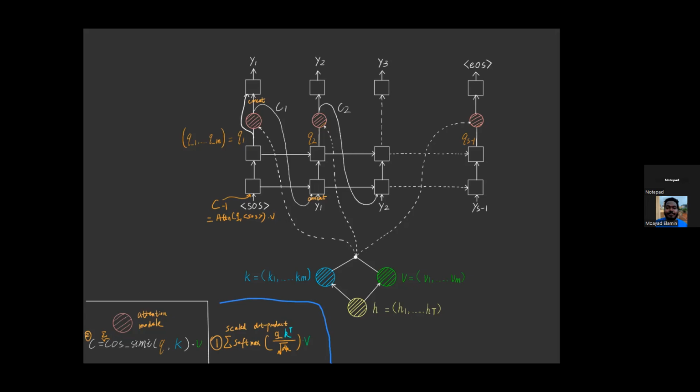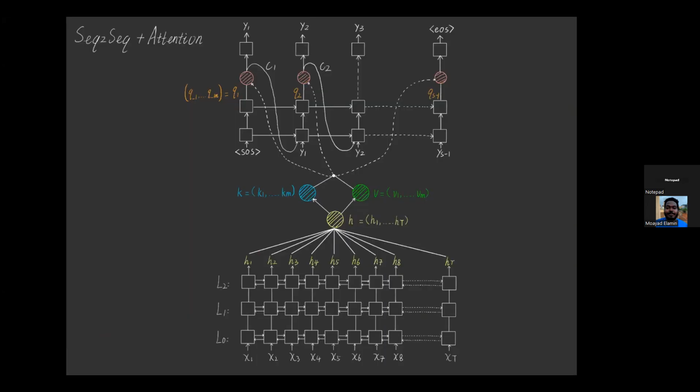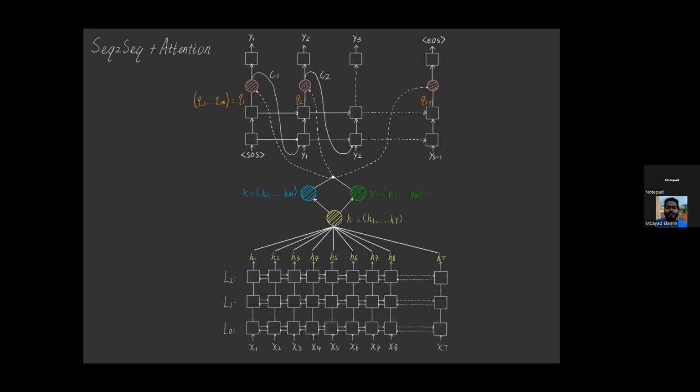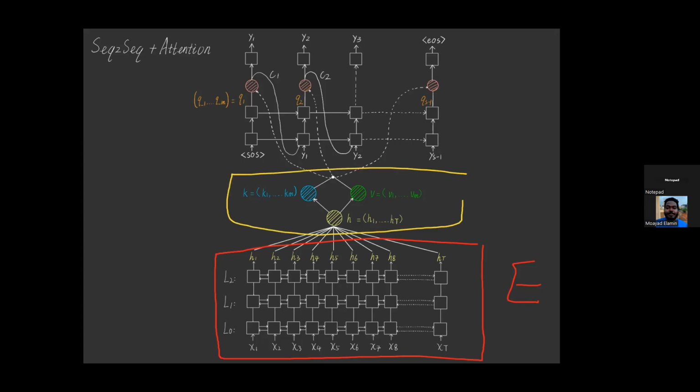So if we want to take a look at the entire system, how an entire attention-based sequence model would look, we will have first our encoder, which will take our input and will create hidden representations or embeddings for that. And this is E. Then we will have our attention layer or attention calculations, which will take our hidden vectors, transpose them and give us our attention weights and context vectors.